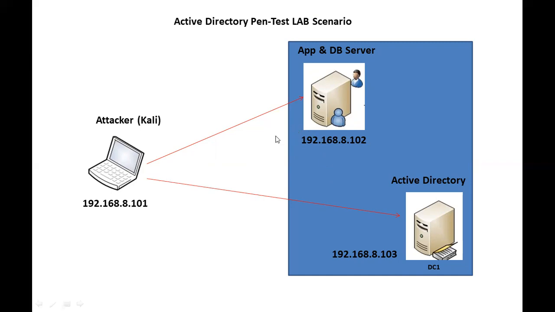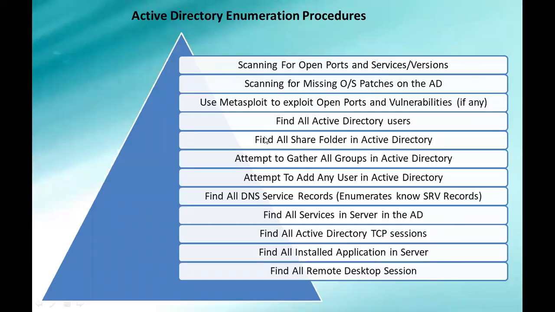So this will be our enumeration guide, what we are looking for, what we are trying to achieve during this lab. The first, of course, is to perform a recon: performing an nmap scan to look out for open ports and services, and also the versions running on those services, right? We are also going to perform an nmap scan to gather missing operating system patches, if possible.